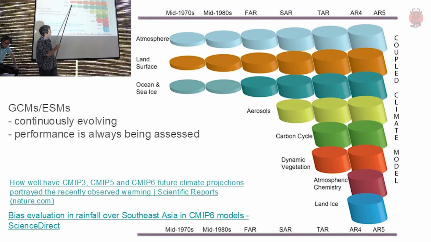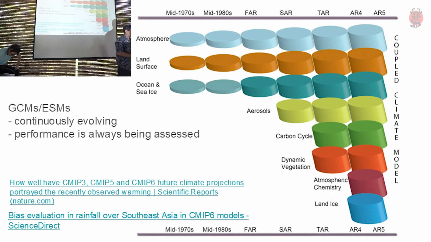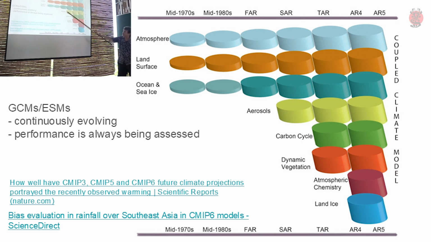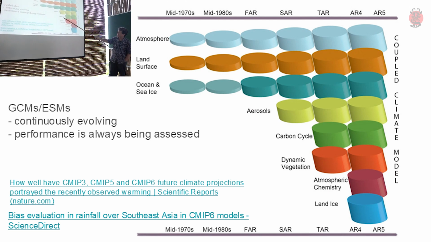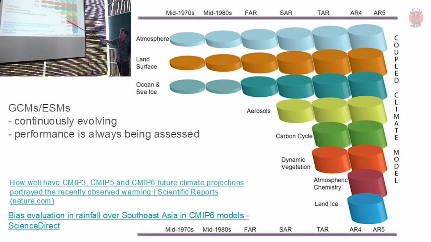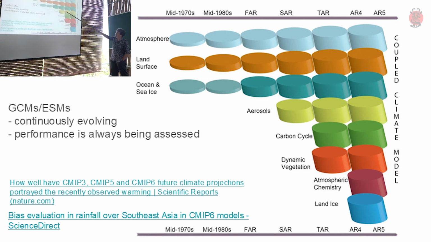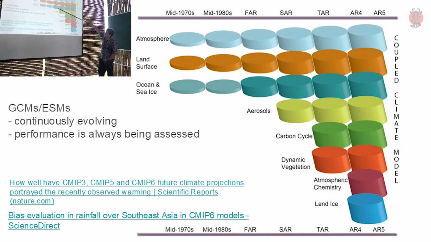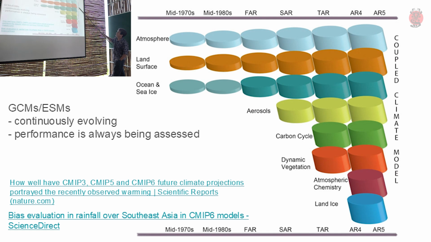Then slowly over time, they expanded what was being incorporated in the model to include aerosols, carbon cycles, vegetation dynamics, atmosphere chemistry, and land ice. And you can see also over time the number of processes in each of these parts has increased.